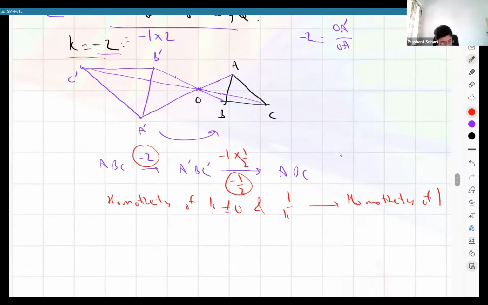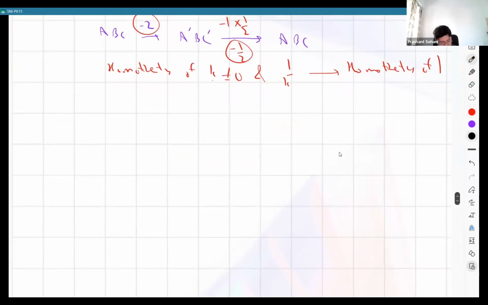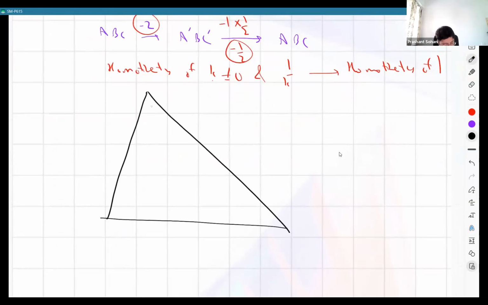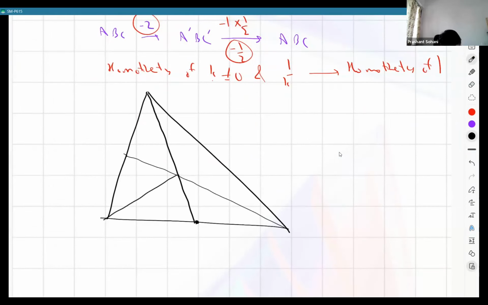Like for example, take the case of medians, right? We all know medians are concurrent, and we get the centroid. So the centroid is where the medians intersect. And we also know that the centroid divides each median in the ratio 2:1, right?